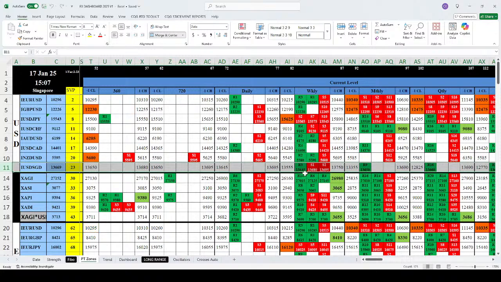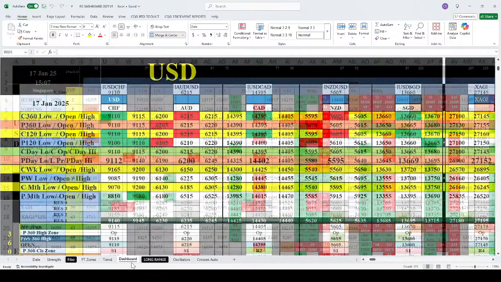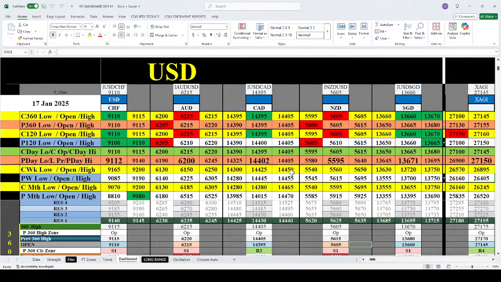Again, we are getting mixed signals. Then let's see the dashboard. Currently the market is trading at 36.70. Previous day high is 36.95. And remember, moving averages have got no strength or no weakness on the 15-minute. So we can expect the price to push higher towards 95, and we should be trading within the range 36.45 and 36.95.